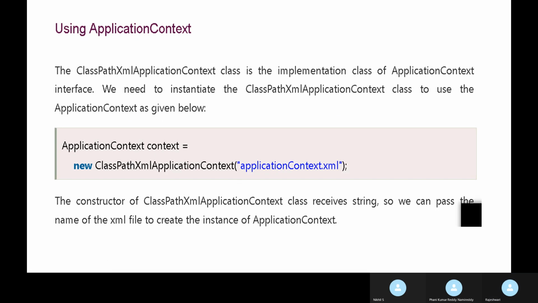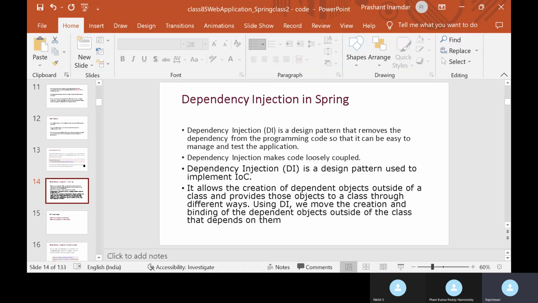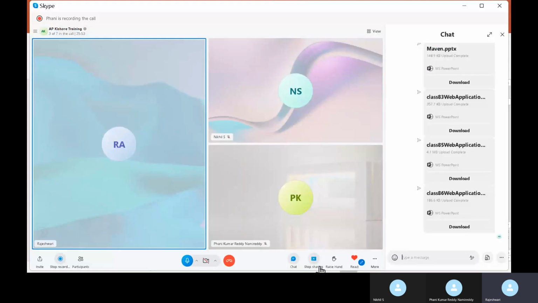And then what is dependency injection? Dependency injection is a design pattern. Any idea what is a design pattern? Java is full of design patterns. Basically, a design pattern is a standard solution for a standard problem.